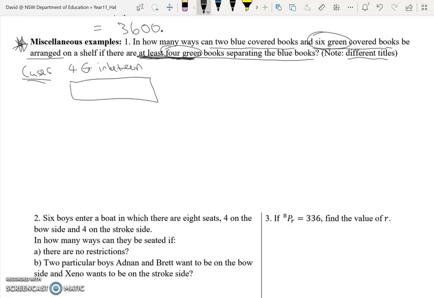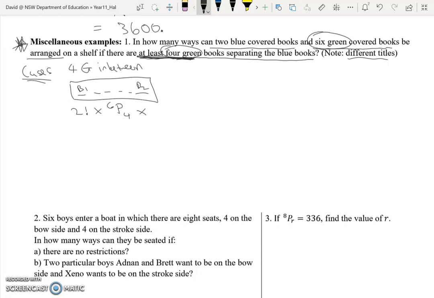So 4 in between. Let's block it, let's group it. We've got 2 blue books here, 2 factorial ways. Then we've got 1, 2, 3, 4 greens here. Now we've got 6 green possibles, so I've got 6 green books and I'm picking 4 to go in there. That's 6 books done.